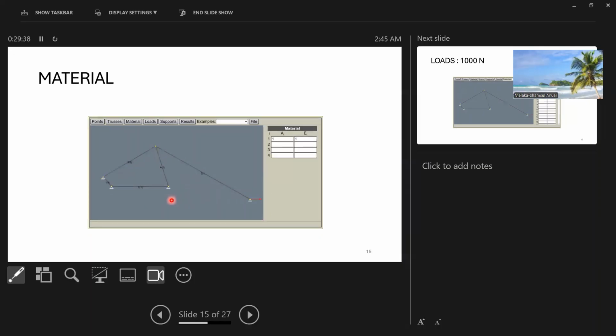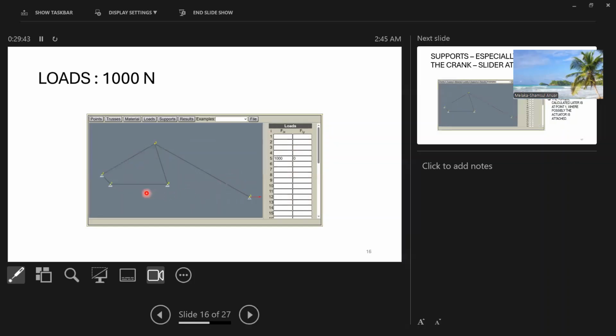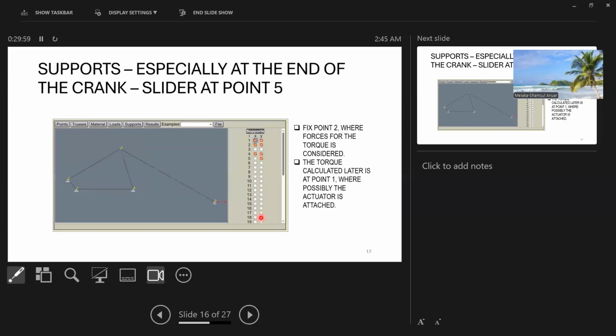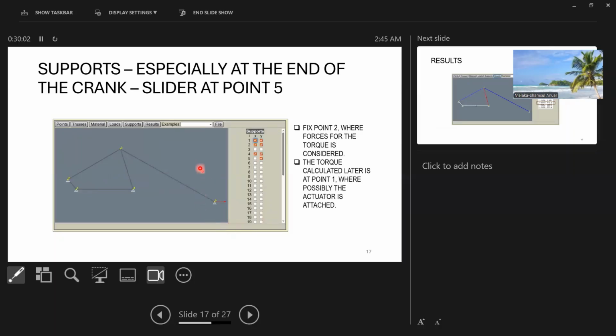Then for material, we are just going to specify 1 and 1. And then for the load, this needs to represent the problem, so that is 1000 in the positive x direction at point 5, and in terms of y, just 0. And for support, which is a constraint, the fixed pivots at 1 and 4 will be constrained in both x and y.